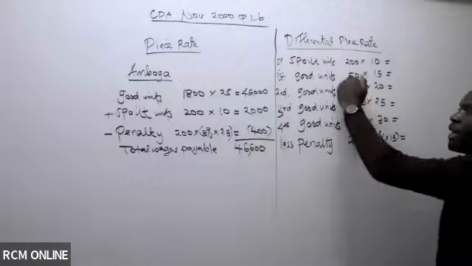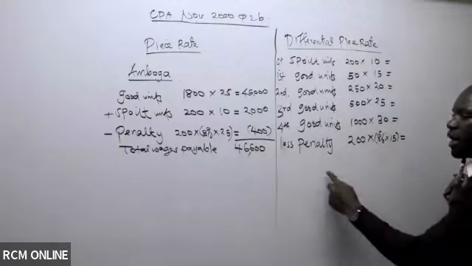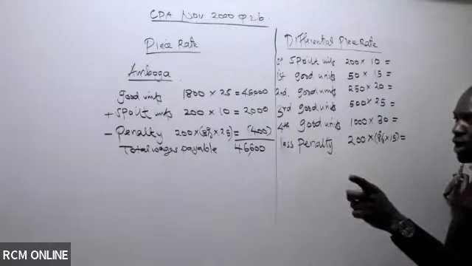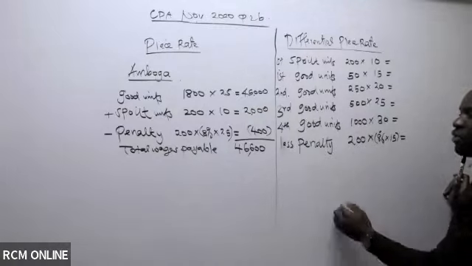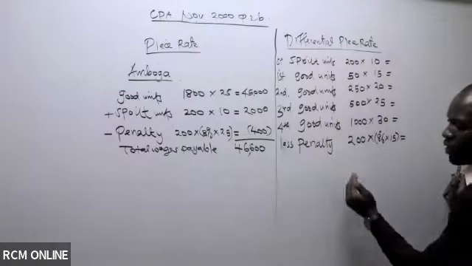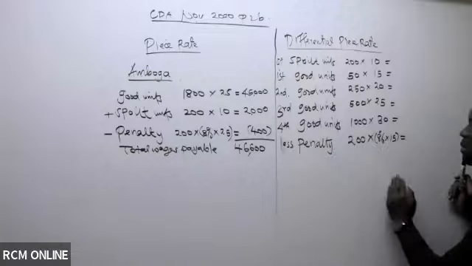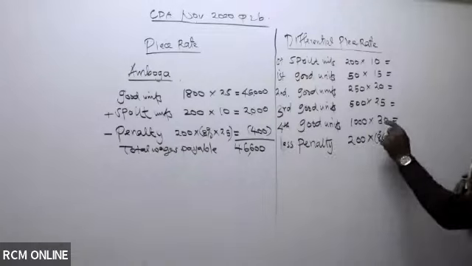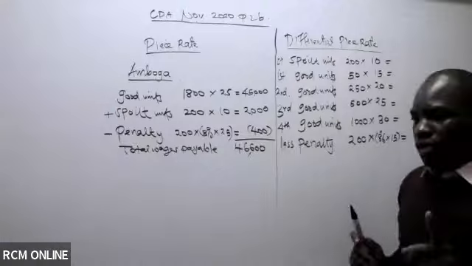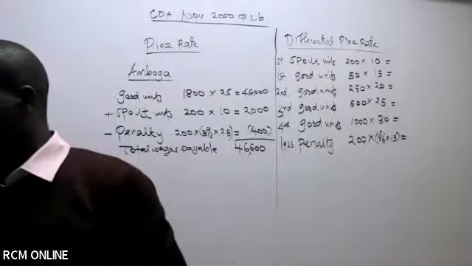Then anything above that will be paid 30 shillings. So if you take 30 multiplied by 2,000, it will be wrong. Why? Because inside this 2,000, we must divide these goods into batches. The first batch of 250, the next batch of 250, the next batch of 500, and anything above that range will now be paid at 30 shillings. Is your question taken care of, Janet?